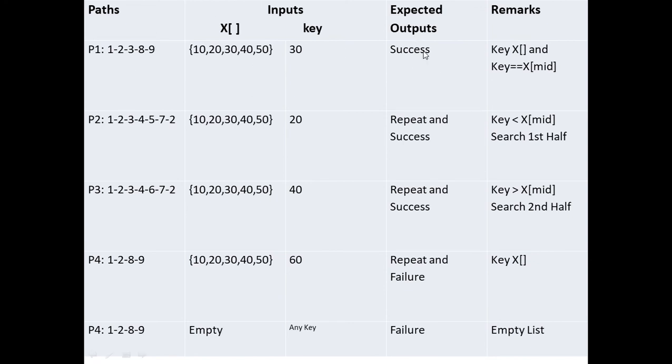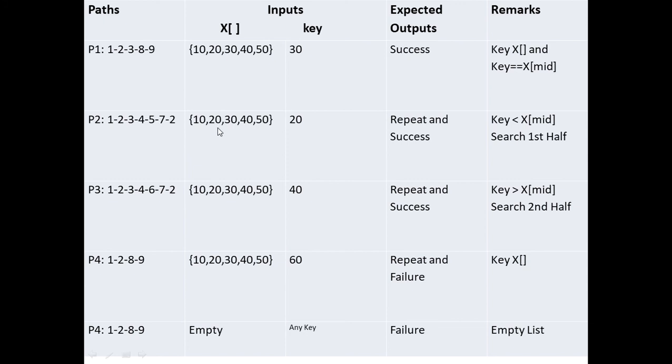That will be the expected output in the first trace only. You will get the key element, that is success. The remark is that key is equal to x mid, because the key is equal to your middle element here.